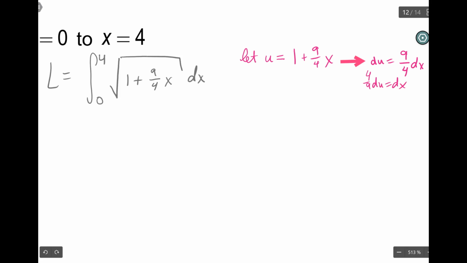But would it be easy to find new bounds, or would it be hard to calculate them? Is it hard to plug 0 and 4 into my let u equal? No. And so I could pretty easily find new bounds. That way I don't have to plug back in this nastiness. So that's how you figure it out.